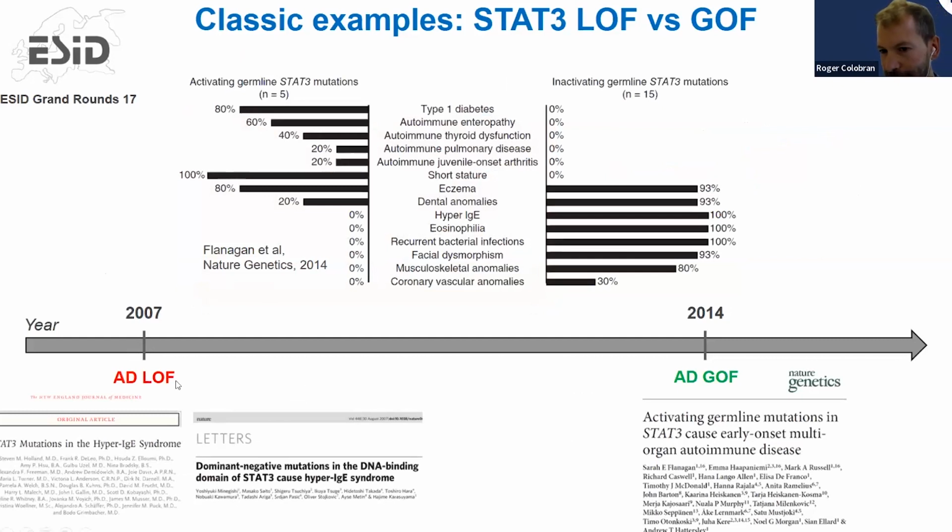And 7 years later, it was described the phenotype corresponding to gain of function mutations of STAT3, mainly associated to early onset multi-autoimmunity in patients.